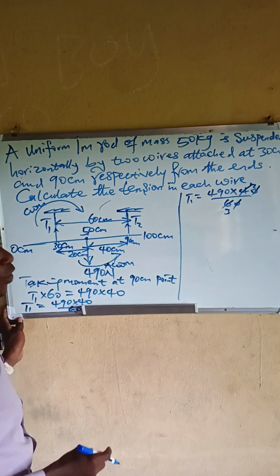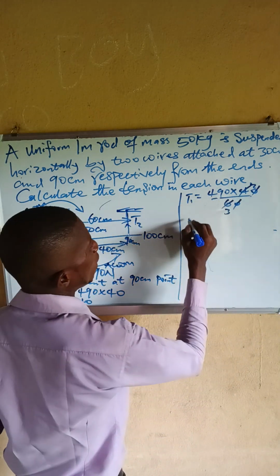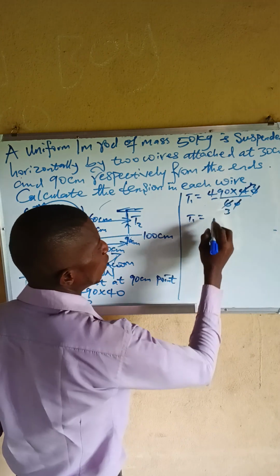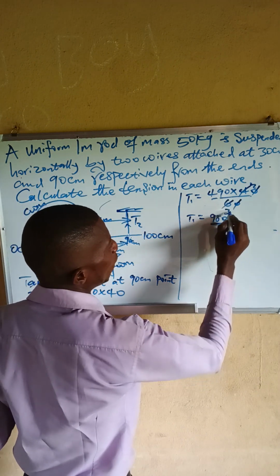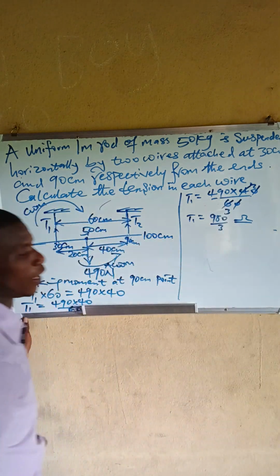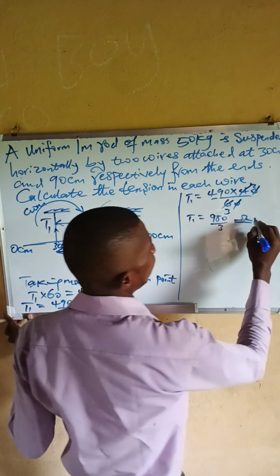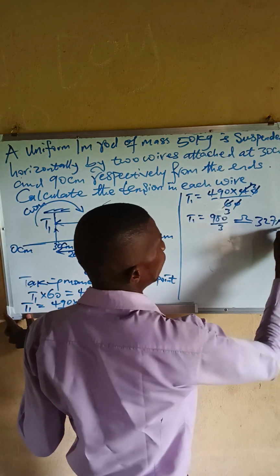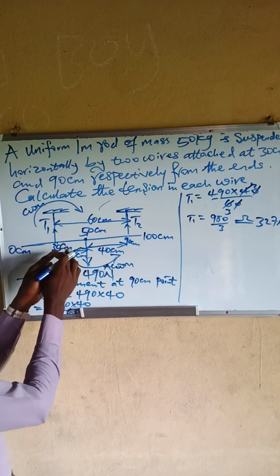Now multiplying, T1 will give us 980 over 3, and 980 divided by 3 is approximately 327 Newton. That is the value of T1.